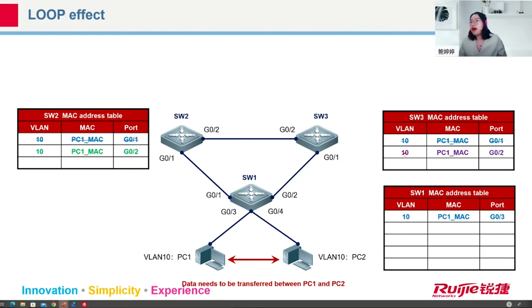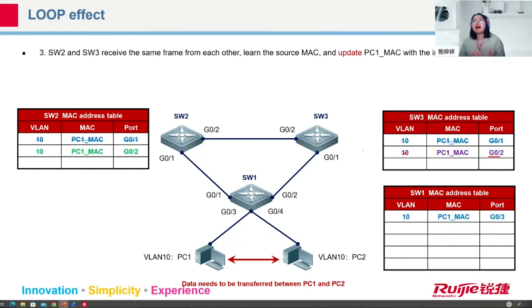So now I find that this MAC address has to connect with gigabit 02. So we will delete the first entry and add a new one. The same operation happens on switch 2. Maybe switch 3 will find that PC1 now connects with the other interface. So in your table, you only keep one MAC address with the last port. This is the operation of switch 2 and 3, right?